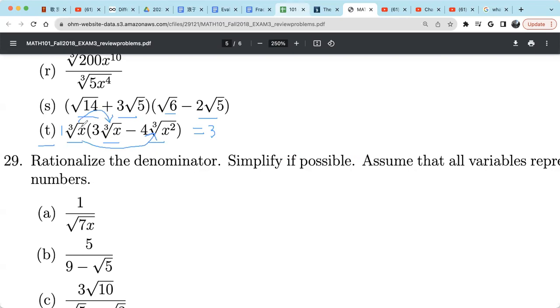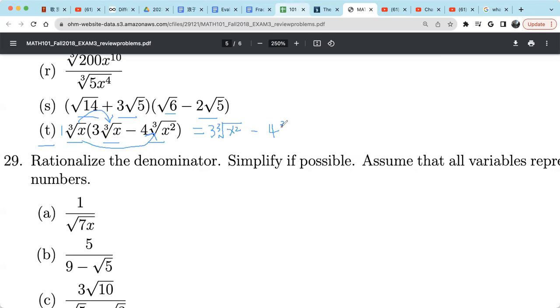Then I have a cubic root of x times cubic root of x. I can put a cubic root of x times x, which is cubic root of x squared. Okay, first term. Second term, 1 times 4, which is a negative 4. I write down this first. Then I have a cubic root of x times cubic root of x squared.